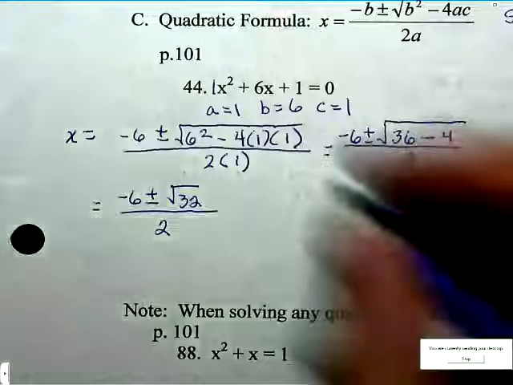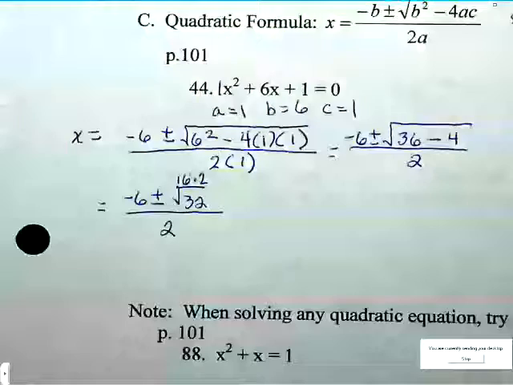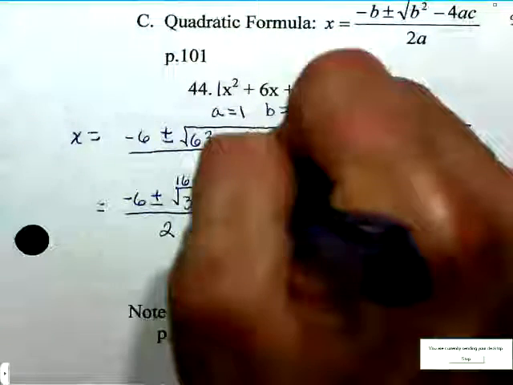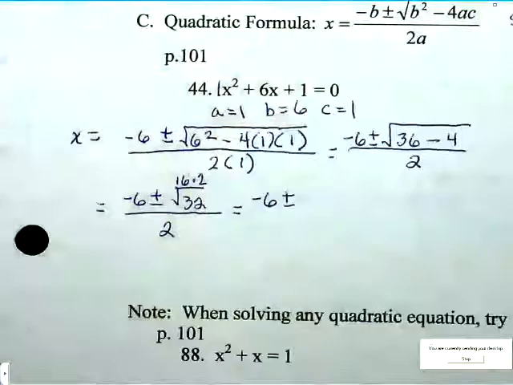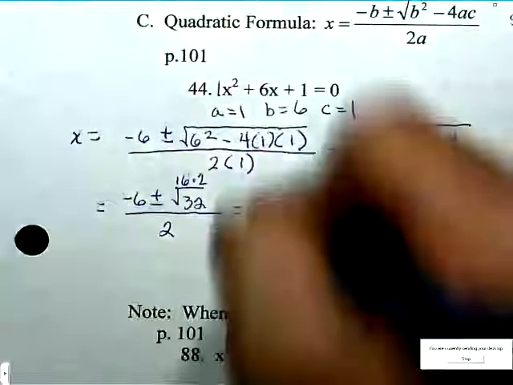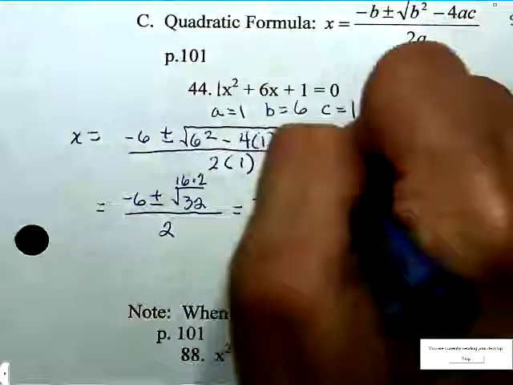If you think the 16, though, that's 16 times 2. You can take the square root of the 16 outside the radical. Square root of 16 is 4. And that only leaves the 2 under the radical.